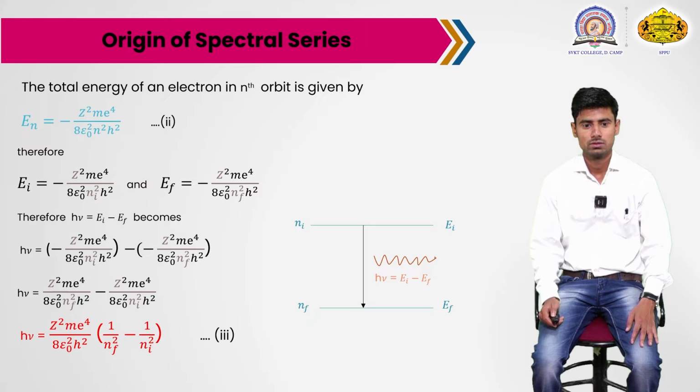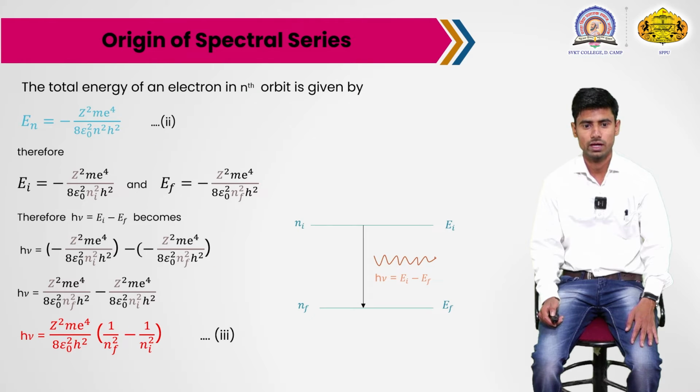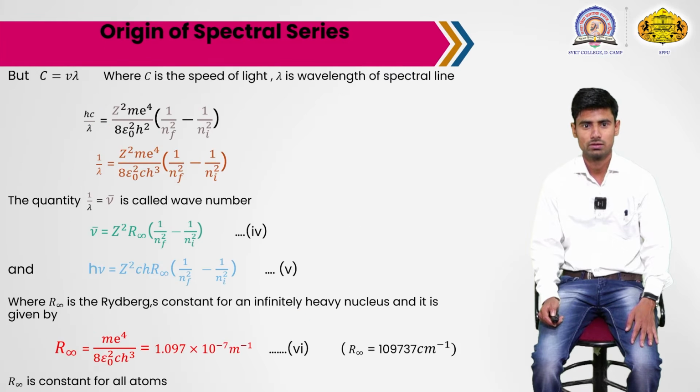So here I can write this h nu in equation 3 as hc by lambda, because we know that the speed of light can be written as a product of frequency and wavelength. So by using the expression c equals nu lambda, I can write h nu as hc by lambda.